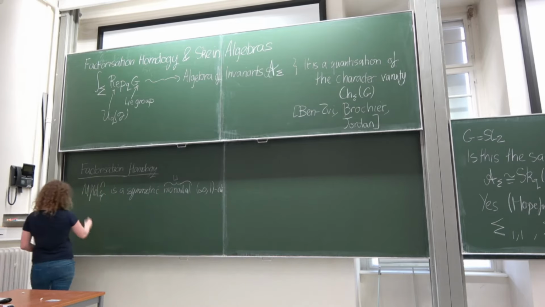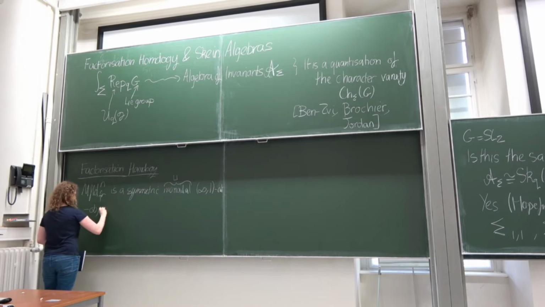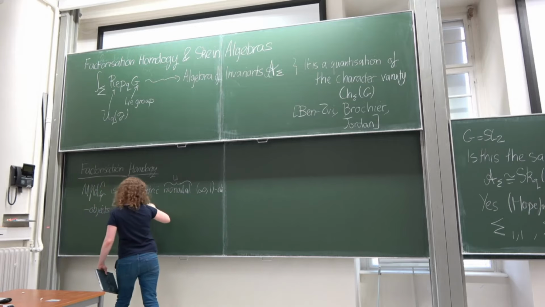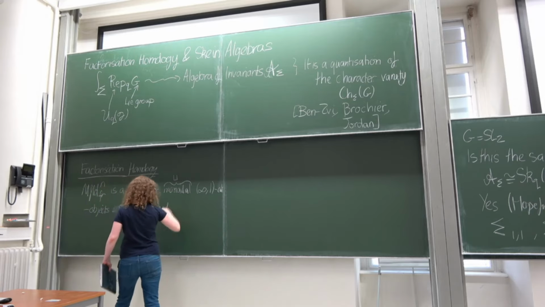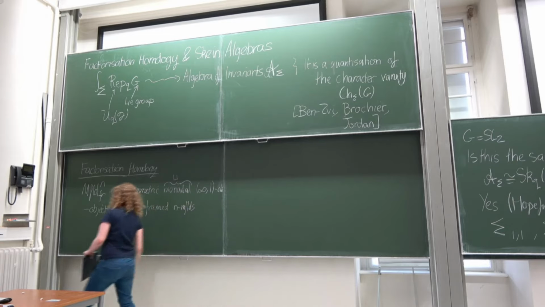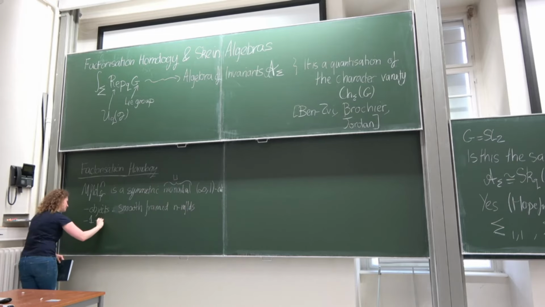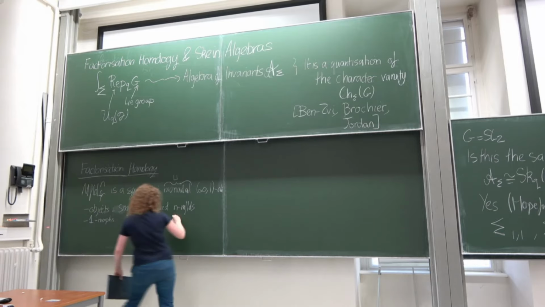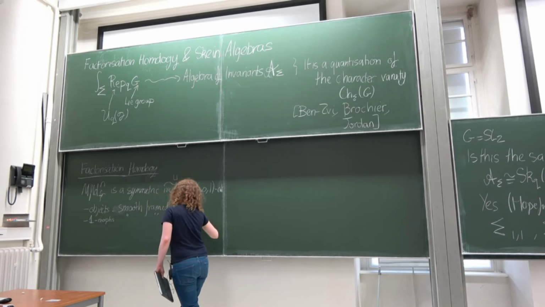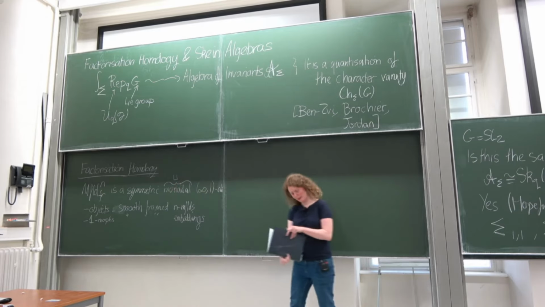Its objects are smooth framed n-manifolds. Its one-morphisms are smooth framed embeddings between framed manifolds.